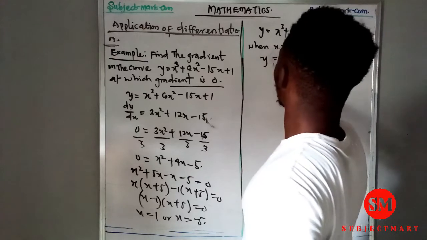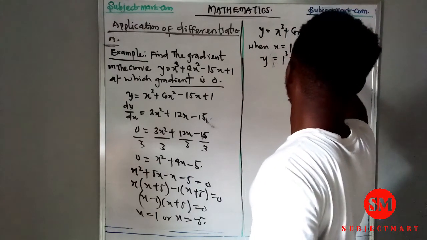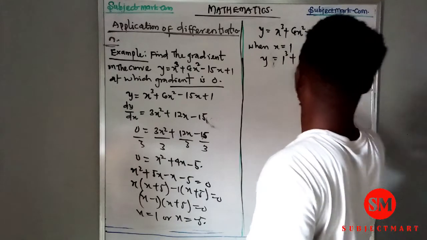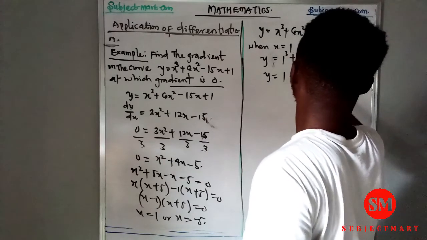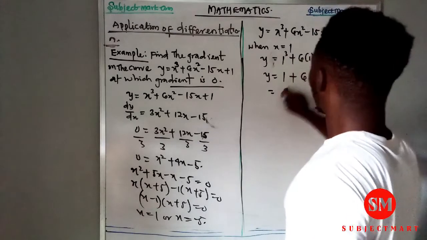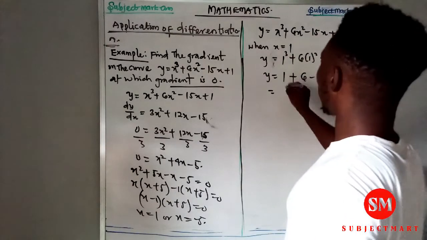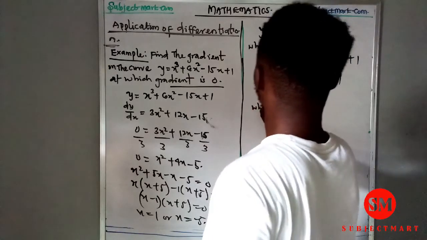Y here is equal to 1 raised to power 3 plus 6 open bracket 1 squared minus 15 times 1 plus 1. So your y here is equal to 1 plus 6 minus 15 plus 1. That gives 6 plus 1, 7, plus 1, 8. 8 minus 16, that will give us minus 7.